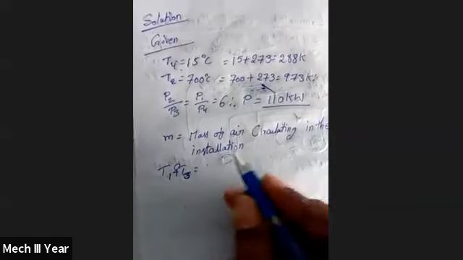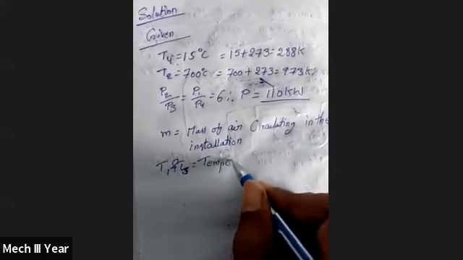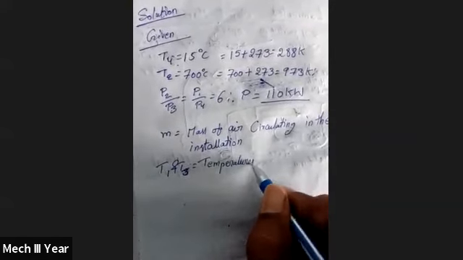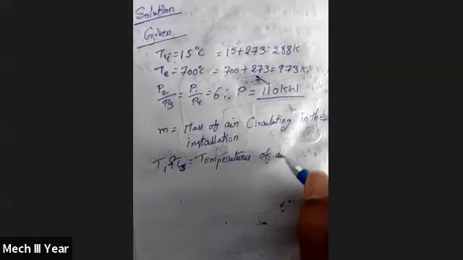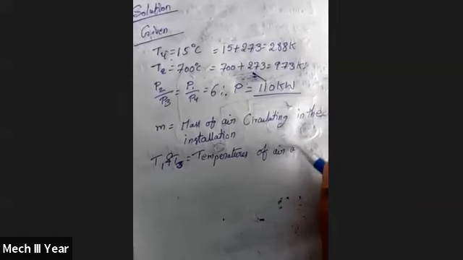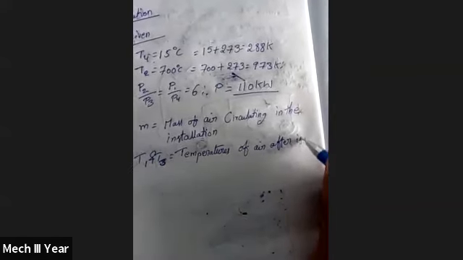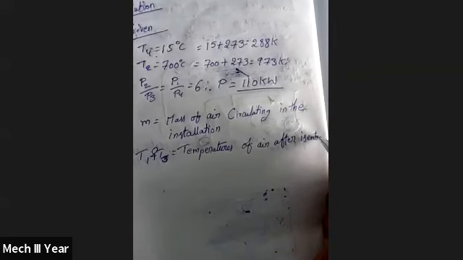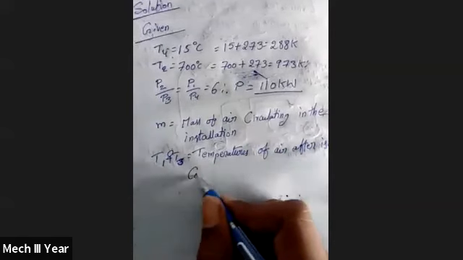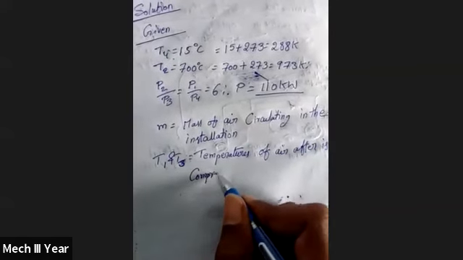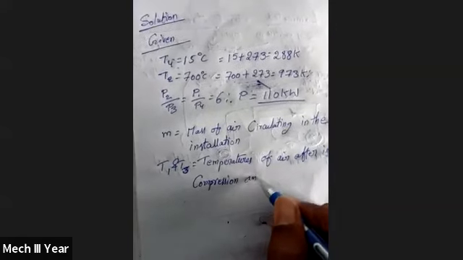These are the temperatures of air after isentropic compression and expansion.